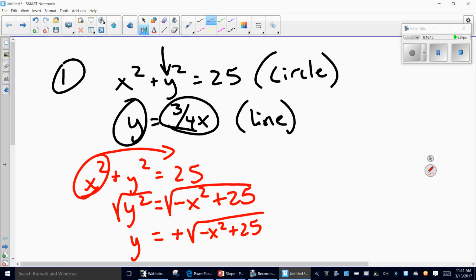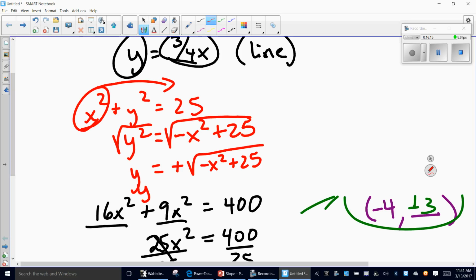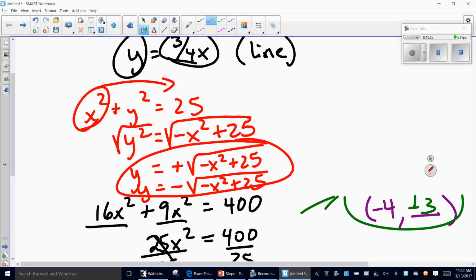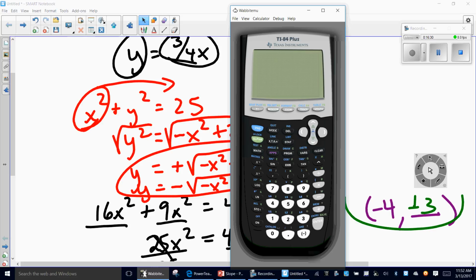You're going to have both. So you're actually going to have to put in 3 equations. You'll have to put in the positive square root of negative x squared plus 25 and the negative square root of negative x squared plus 25, so you'll have both to get the whole picture. So let me show you. Get your calculators.